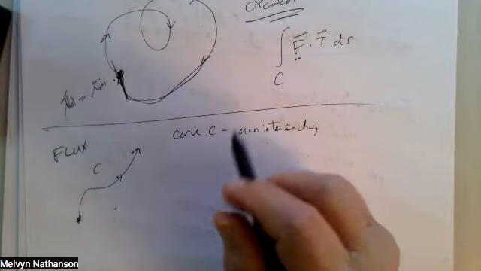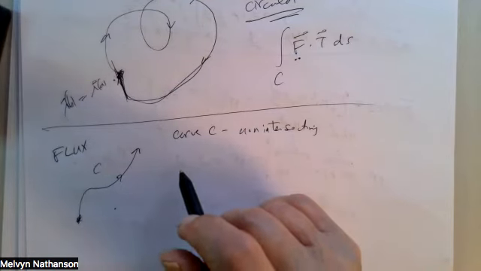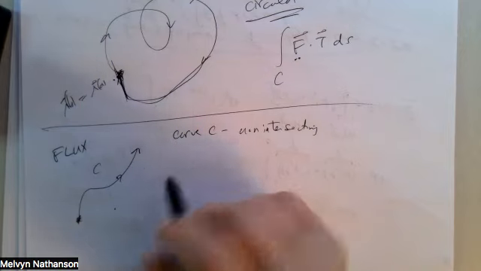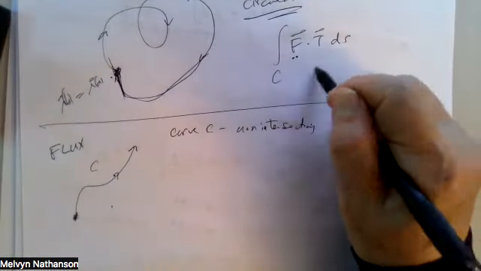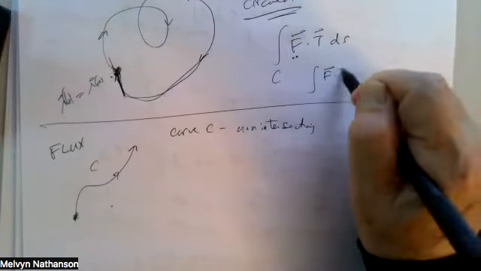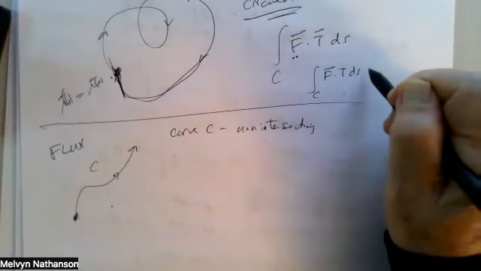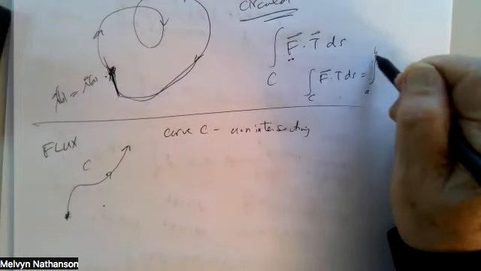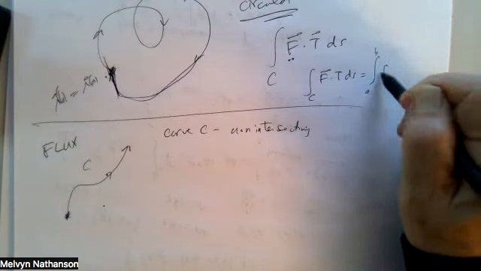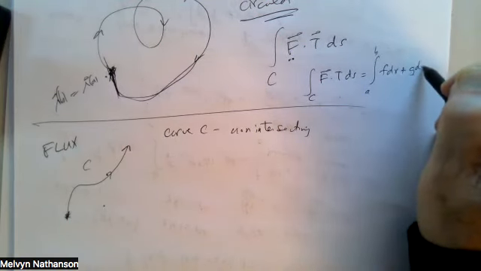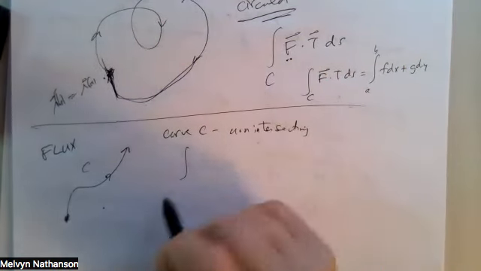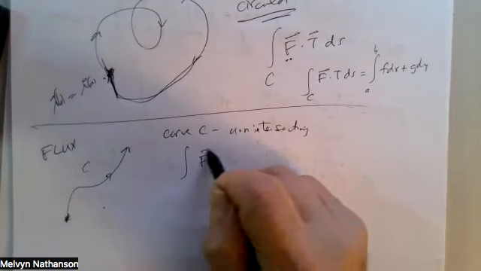And the flux of the vector field across C is defined as follows. So recall that the integral of F dot T ds along this curve, you can write as the integral from A to B of f dx plus g dy. And the second integral is f dot n.